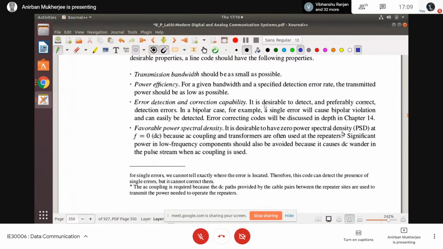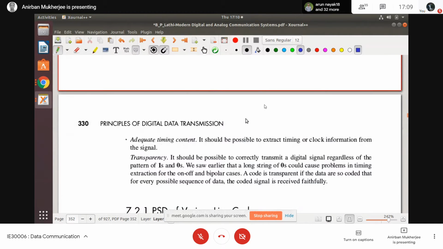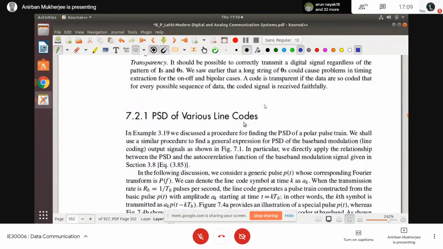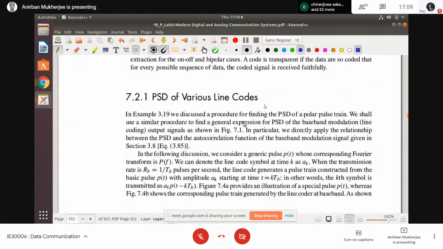Near DC the power spectral density should be 0, and significant power in low frequency components should be avoided because it causes DC wander. So we have to calculate the power spectral density of each line code. That is what we will discuss in this class: PSD of the various line codes.